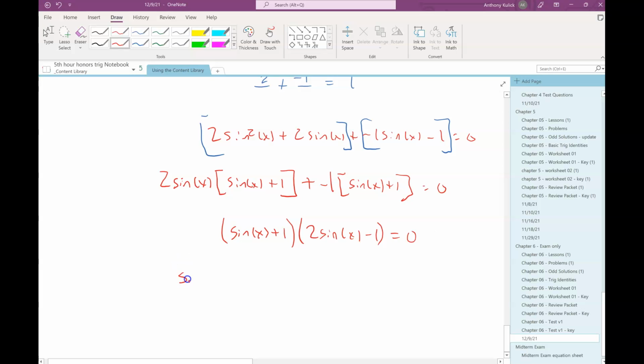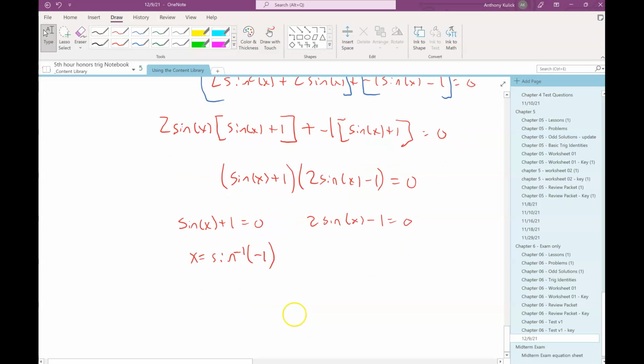Now that I've factored this, I can set each of these factors equal to 0 and solve them. So I subtract 1 from both sides. There I'm going to do the sine inverse of -1. When I go to my unit circle, 3 pi over 2 is the only place that -1 occurs as a y-coordinate.